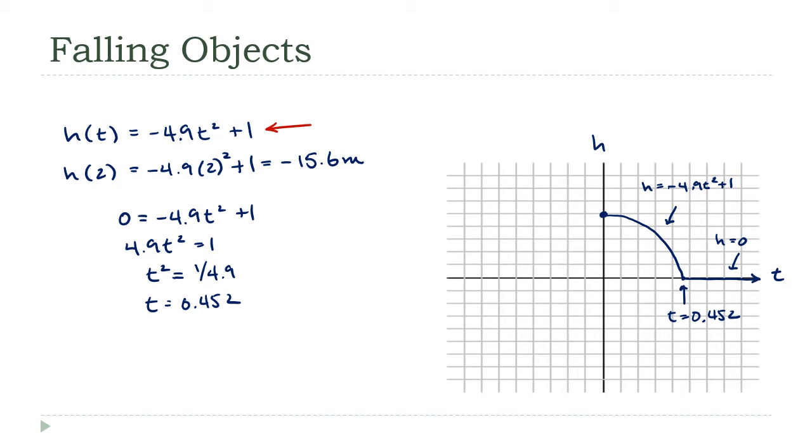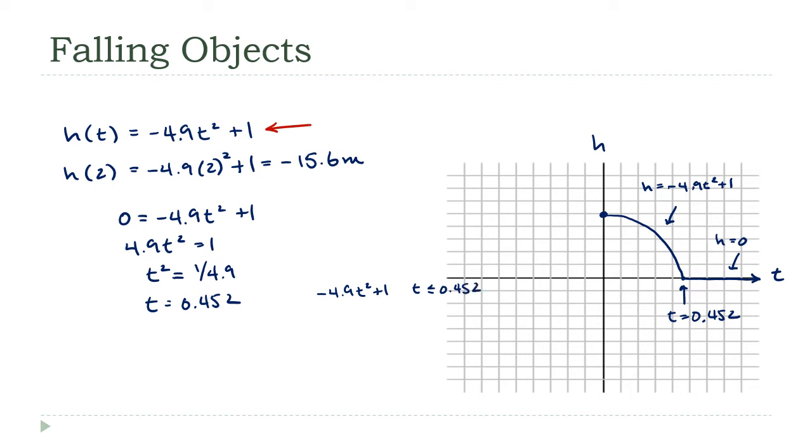And that's where piecewise functions come in. This idea of a piecewise function, it's literally a function that is defined in more than one piece. So here's how I'm going to write this. My formula is negative 4.9 t squared plus 1 when t is less than or equal to 0.452.